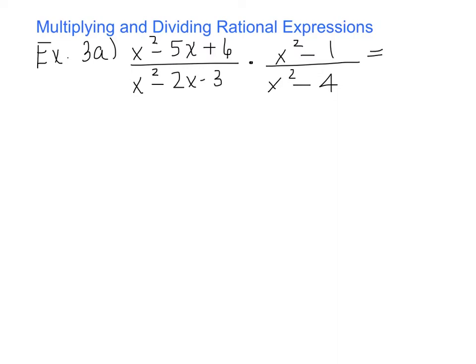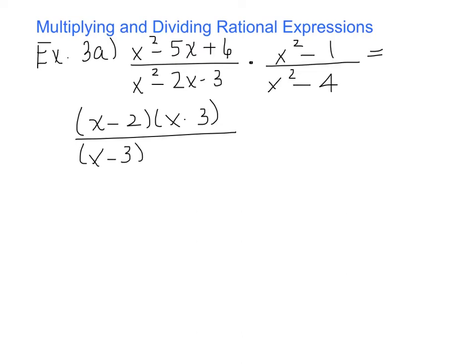So I'm going to factor each one. So I'm going to do my numerator first, then my denominator on the left side, then the numerator over here, and then my denominator.